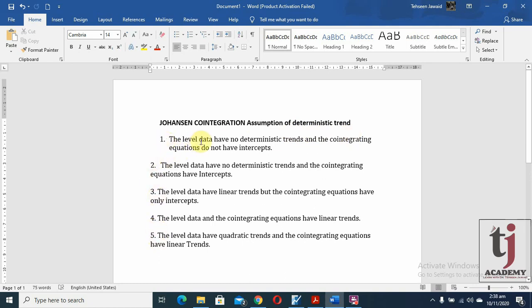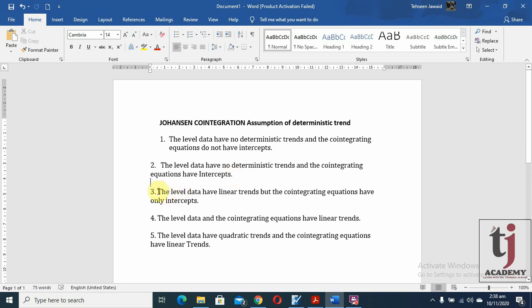If the level data have no deterministic trend and the cointegrating equation does not have an intercept, and your variables follow this assumption, you have to select option number 1. Same here: if the level data have no deterministic trend and the cointegrating equation has an intercept, you have to adopt option 2.